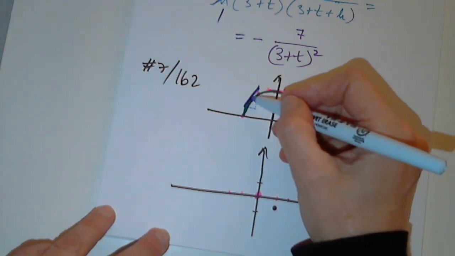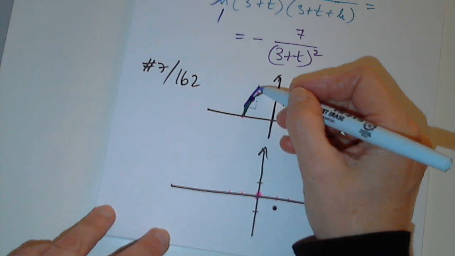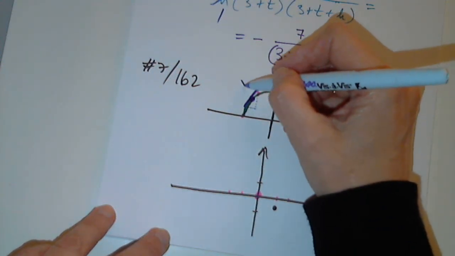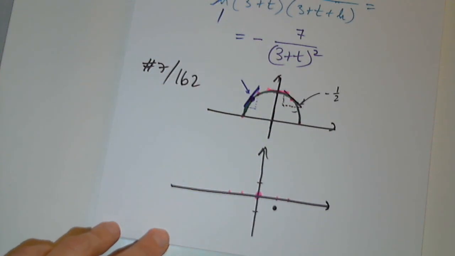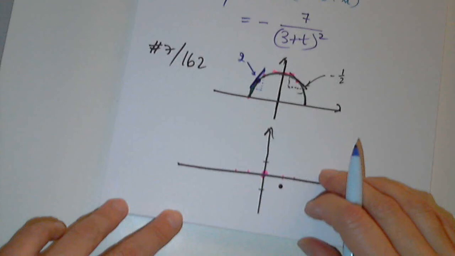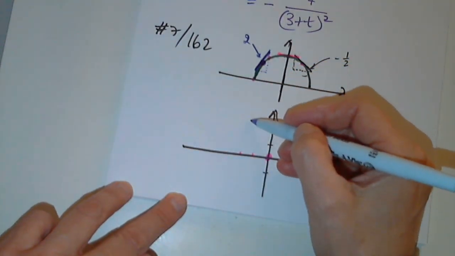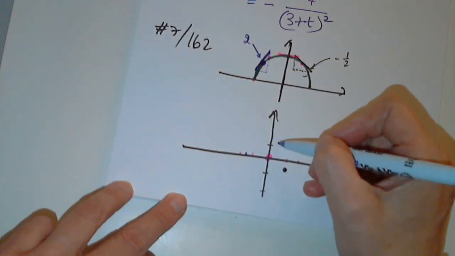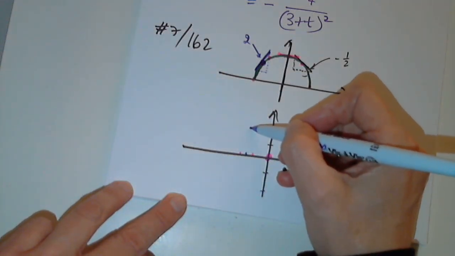I'm going to draw a right triangle. This appears to be kind of 2/1. Is this a positive slope? Yeah, so the slope here, I would say, is 2/1, which is 2. For this particular point, right here, I'm going to plot +2.